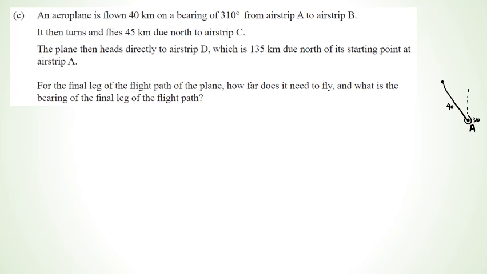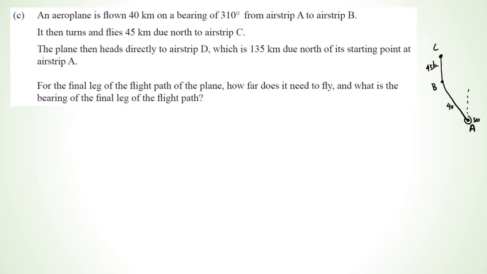Now from this point, that's B right there. From B it flies 45 kilometers due north to airstrip C. So it's going north, that's C, that's 45 kilometers.